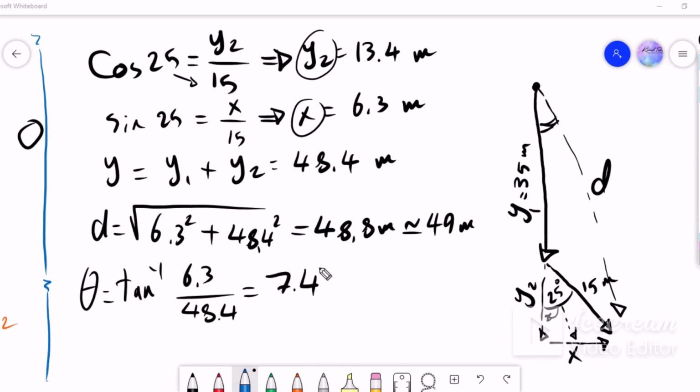Now you should write degrees, of course. You should write the direction. 7.4 degrees right of the downfield.